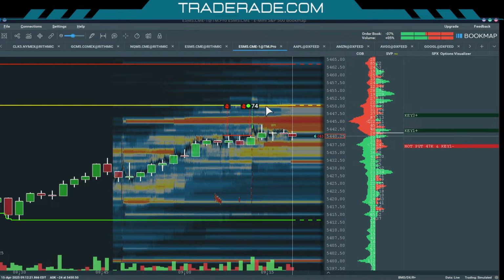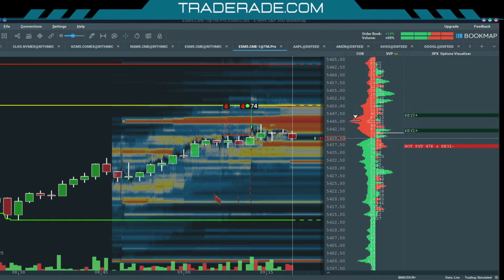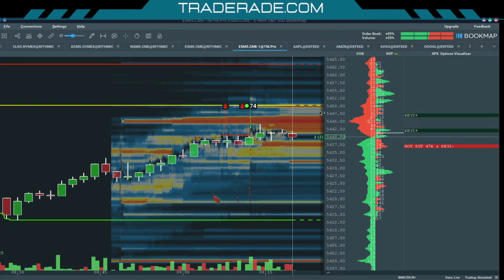And that heat map will color itself more aggressively with that bid or offer liquidity closer to spot pricing. That is to say, 122 lots on offer is going to be more red here than if it's higher above us, just to kind of emphasize the potential impact it can have. So you can see that in the heat map.